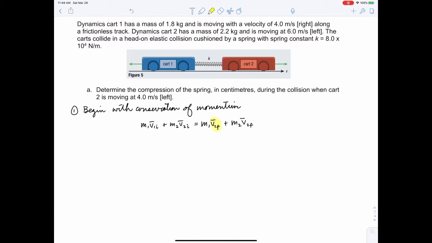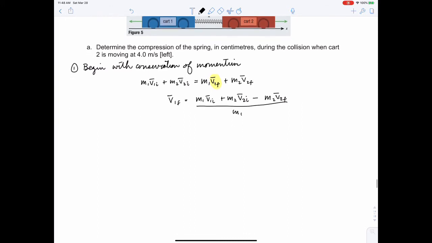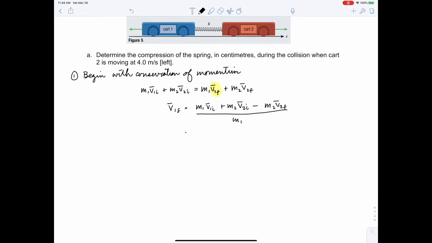We're going to take this opportunity and solve for V1 final. So rearranging, we have V1 final is equal to M1 V1 initial plus M2 V2 initial minus M2 V2 final, divided by M1. And we can start subbing in our values to find the final velocity.